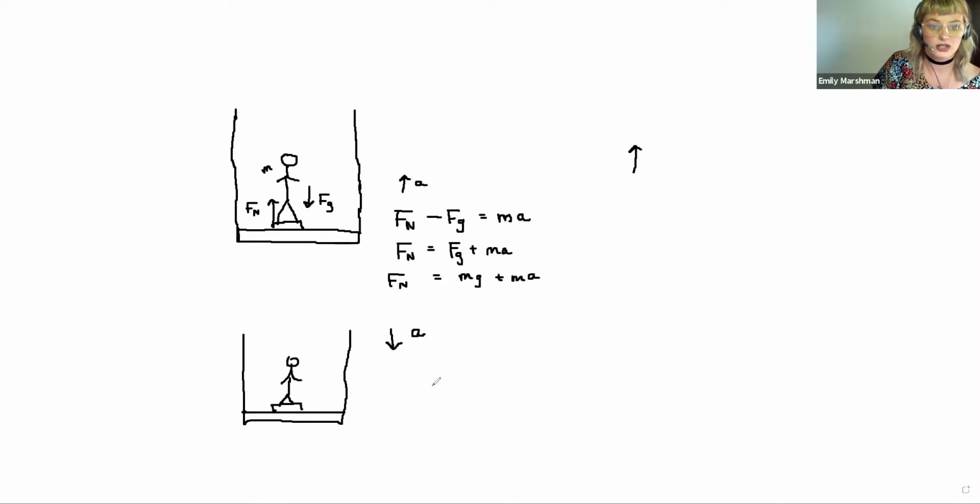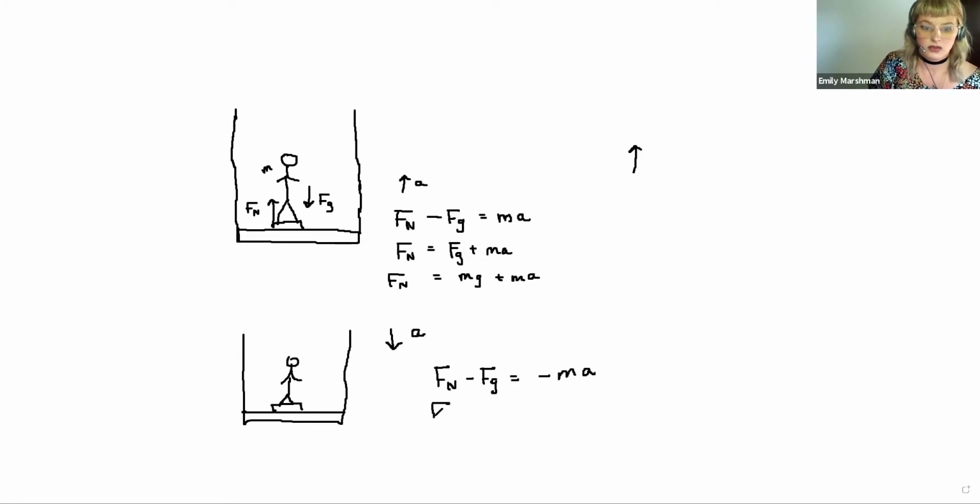Two forces on you are still the normal force, which is up, and your weight, which is down. But now the elevator is slowing down in the upward direction, so its acceleration is downward. So this right-hand side has to be negative ma because the acceleration is down.